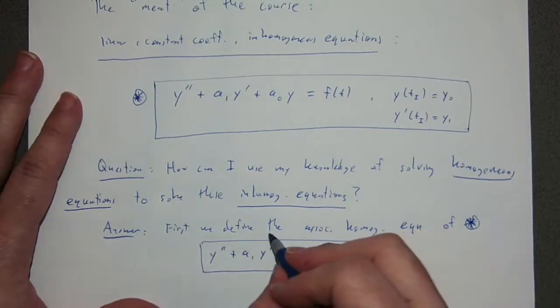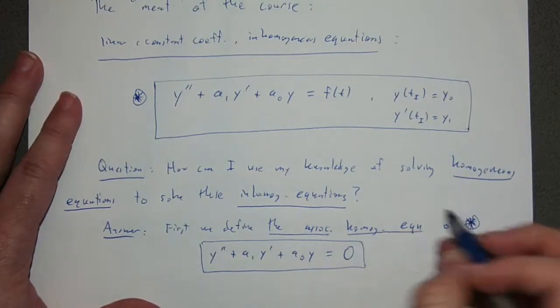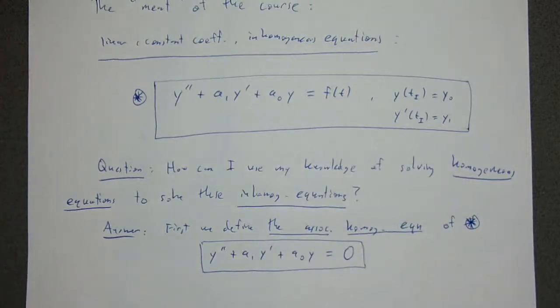This is called the associated homogeneous equation for this differential equation. So, easy answer is, I take the differential equation that has the right-hand side function that I don't like, and I just zero it out. I just say, let me say that that's actually 0. Right? You miswrote something. You didn't mean to put t squared on the right-hand side. You meant to put 0 on the right-hand side. So this is the associated homogeneous equation.